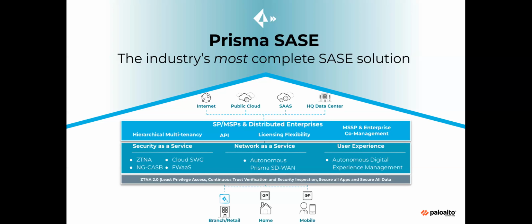Now, to enable these capabilities and provide a unified product surface for your network or security admin, we have developed a unique set of innovations, including hierarchical multi-tenancy within the platform, open API support, licensing flexibility, and MSSP enterprise co-management.